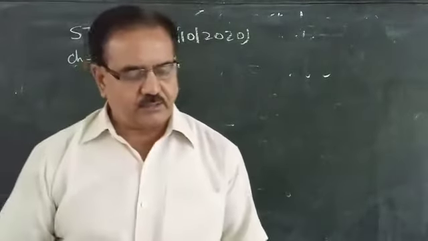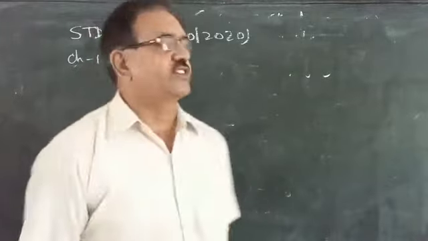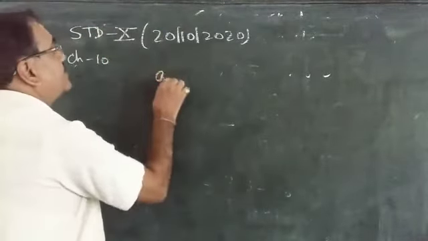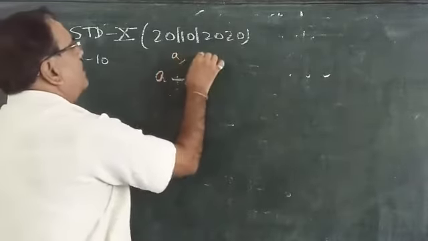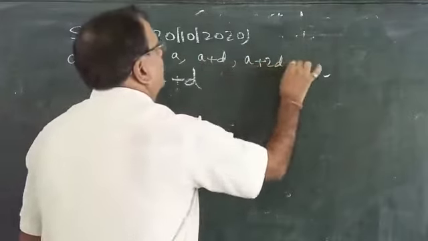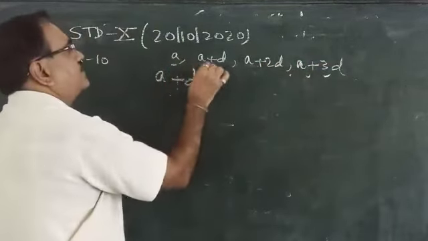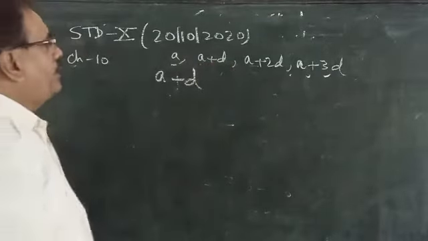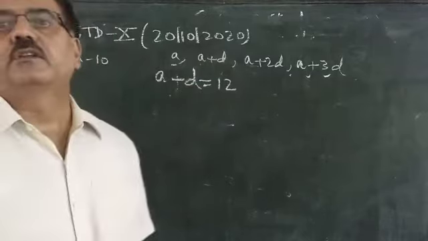Once again, listen to the question. Find the AP whose second term is 12. The second term is a plus d. This is the second term: a, a plus d, a plus 2d, a plus 3d. This is the first term a, second term a plus d. The a plus d value is given as 12.